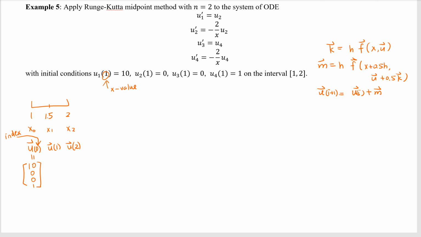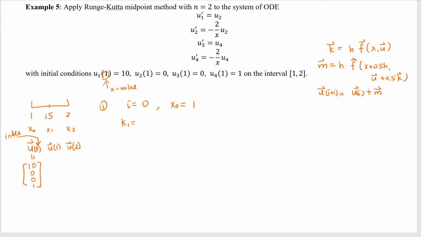Okay, let's continue. Alright, so we have two steps. First step, i equals 0. x0 equals 1. Alright, then let's see. Let's figure out what's the k. Well, k1 is h.